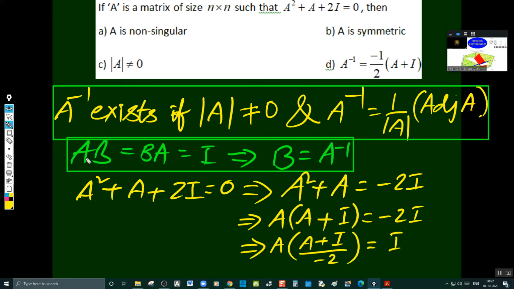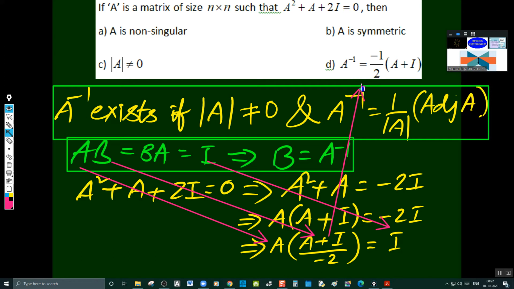Now check it out, we have reached the standard format AB is equal to I. This is A and this is B and this is I. So AB is equal to I, and thereby A inverse is equal to minus 1 by 2 into A plus I. So this is one of the answers.